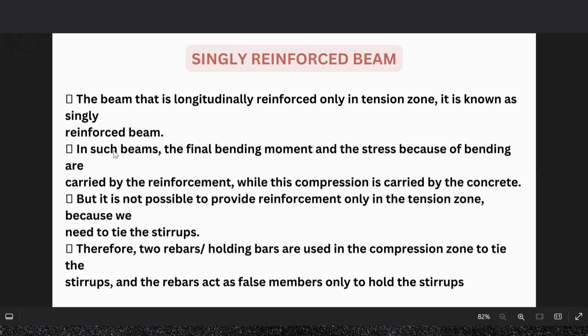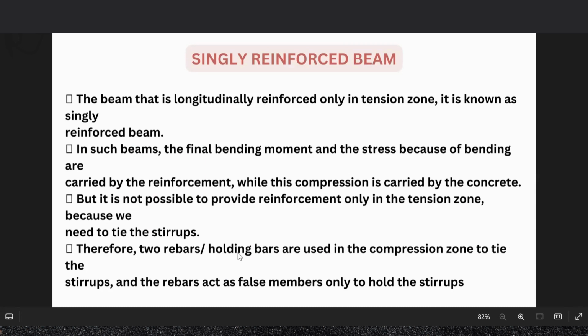In a singly reinforced beam, the bending moment and the resulting stress are carried by the reinforcement, while the compression is carried by the concrete. Compression will be carried by concrete and tension will be carried by steel, in a simple manner. But it is not possible to provide reinforcement only in the tension zone, because we need to tie the stirrups.